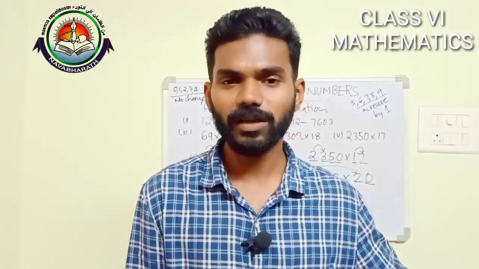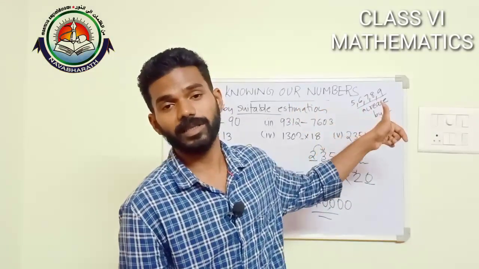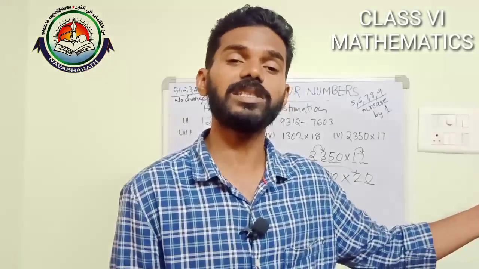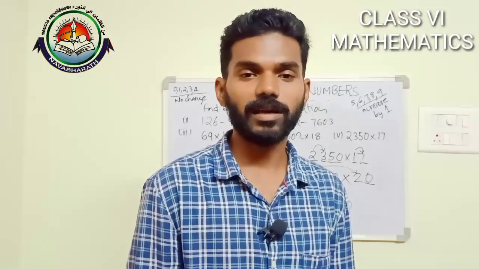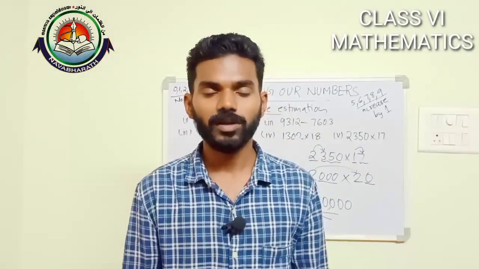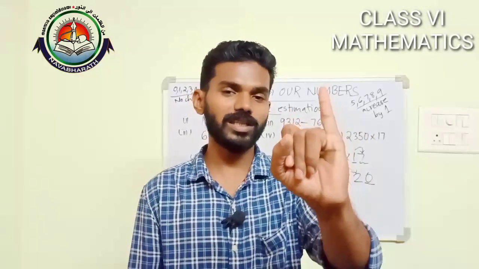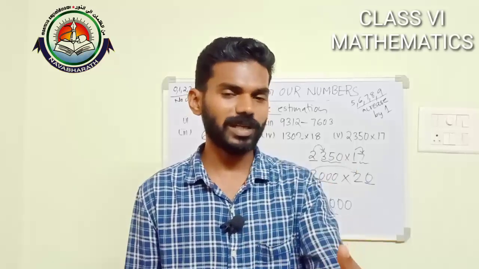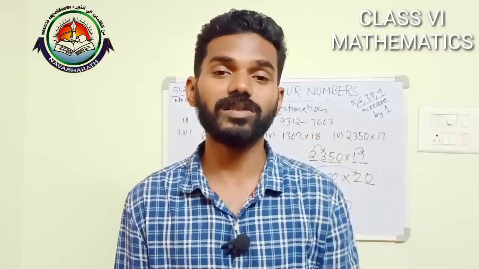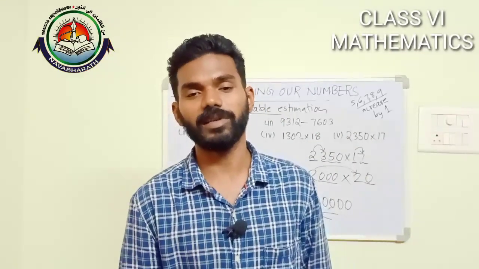Then we round off all the given numbers to that specified place. Clear? Suppose there is a 4-digit number and a 2-digit number. We would consider the 2-digit number, the least one. 2-digit means ones, tens. Then in subtraction, we would be rounding off all the numbers to the nearest 10. Clear? This is how addition or subtraction can be done.